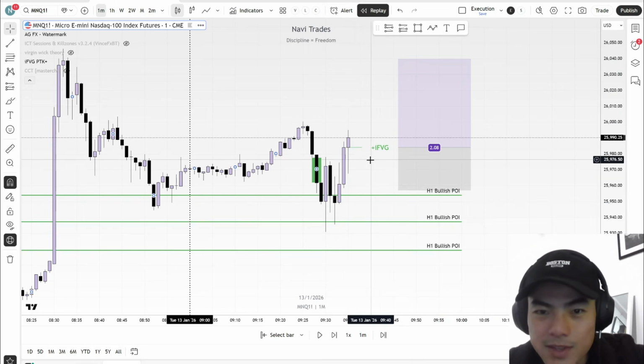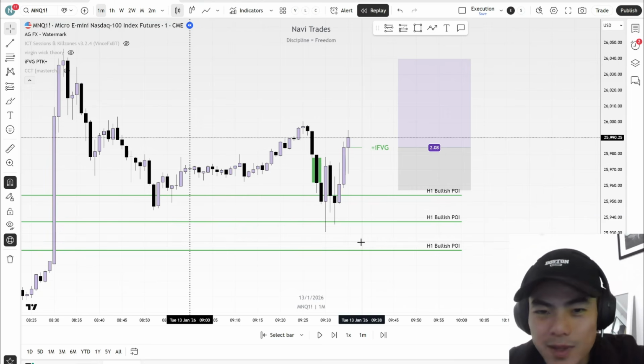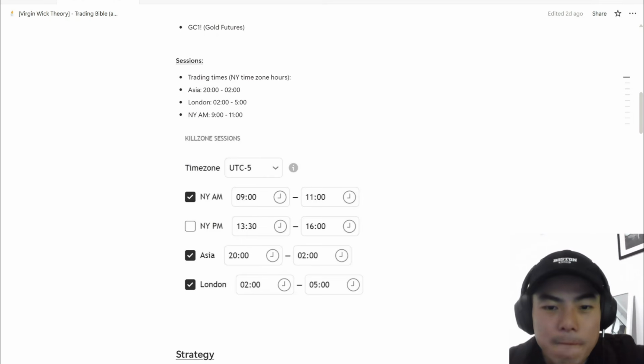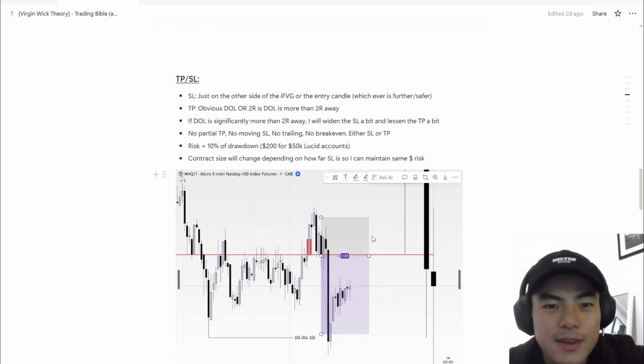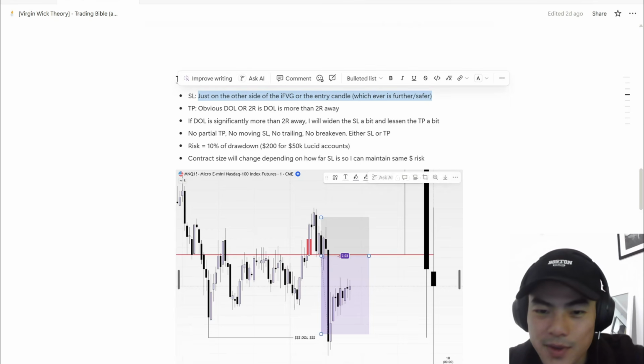And like I said in the Notion doc, some people might say your stop loss is subjective, but let me pull it up. So here I say, stop loss is just on the other side of the IFVG or the entry candle, whichever is further, safer.